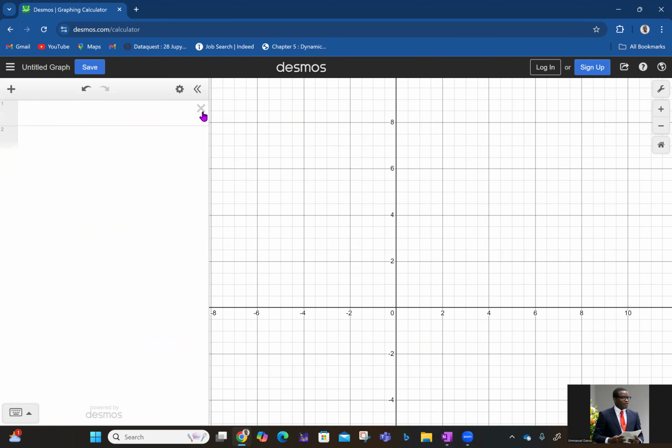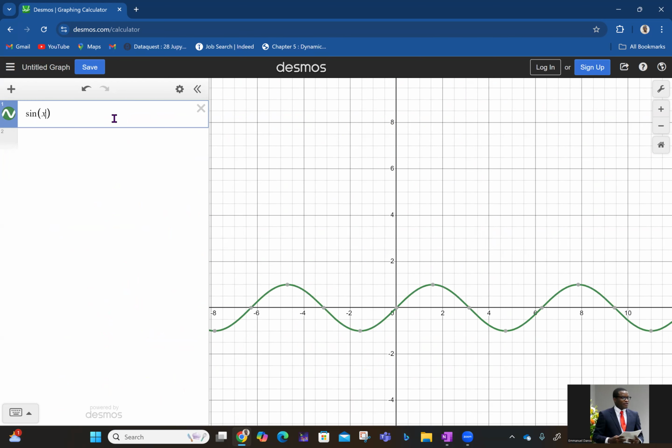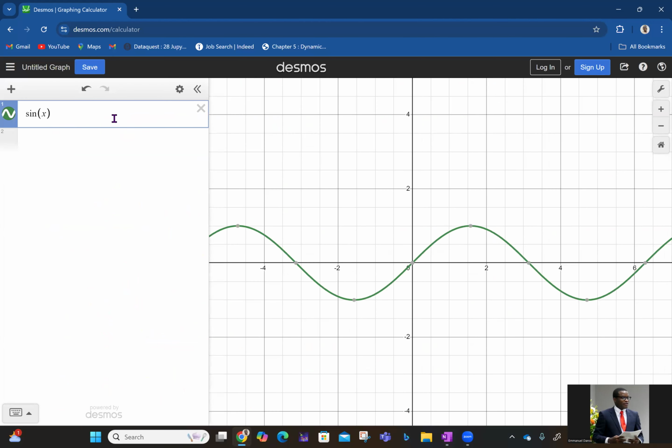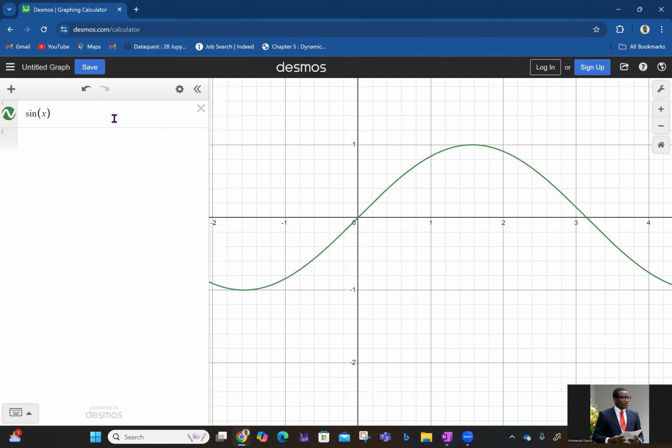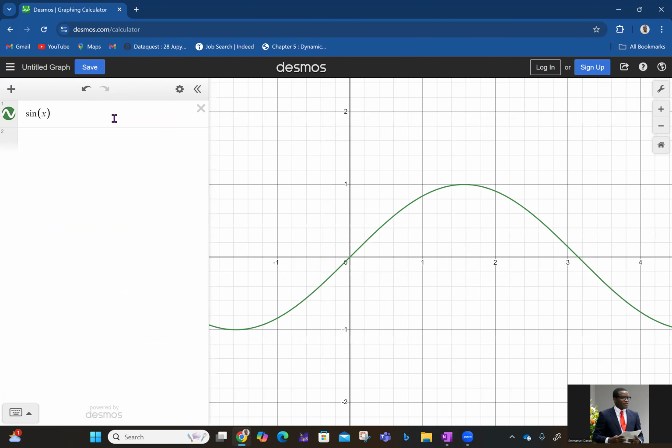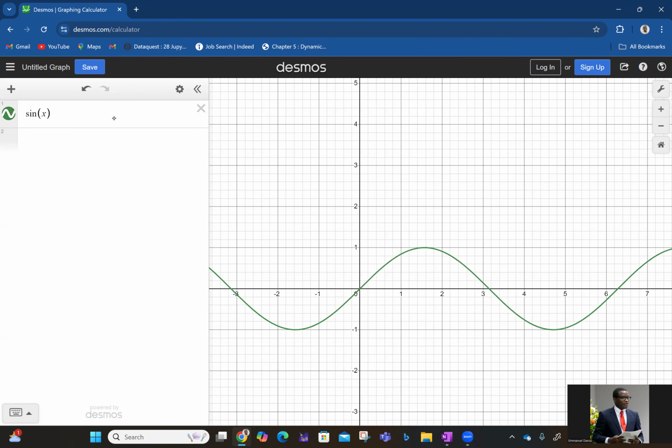Okay, starting afresh, let's see sine x. Look at sine x. So you can see the boundedness, right? Sine x is always restrained between, so you see this is 1 and this is -1. It is periodic within that limit. So it keeps going up and down, but then it doesn't go above 1, neither does it go below -1. So that's the sine x. But look at sinh x now.